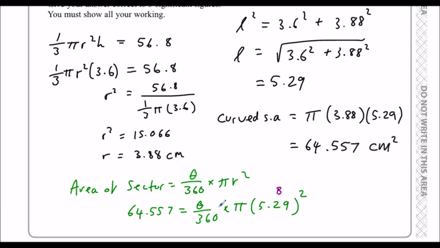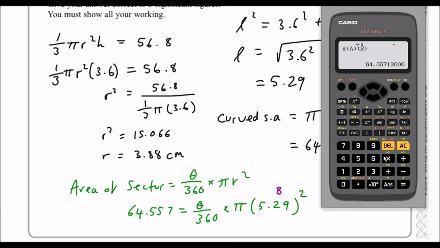So I'm going to divide both sides by pi times b squared. So I'm going to take my answer, divided by pi times 5.29, which I've saved as b squared. So that's 0.733.